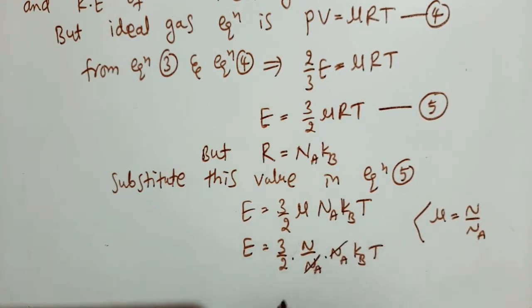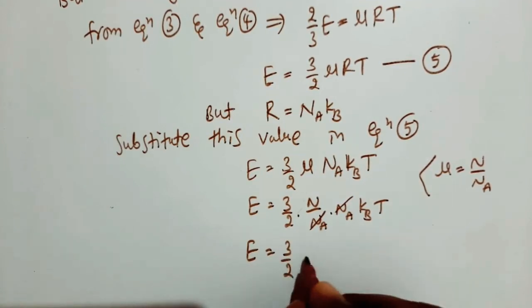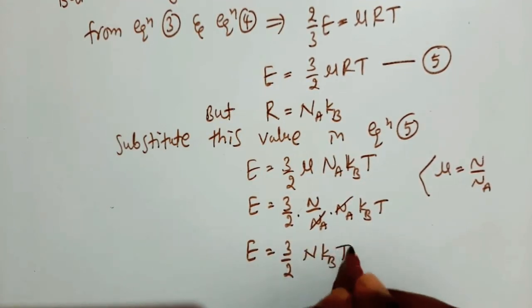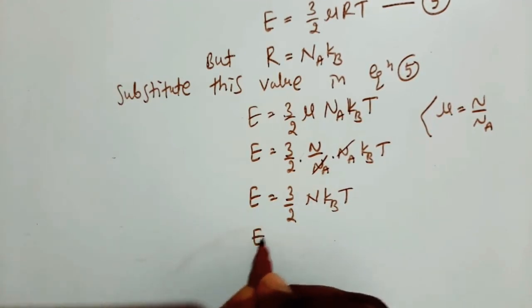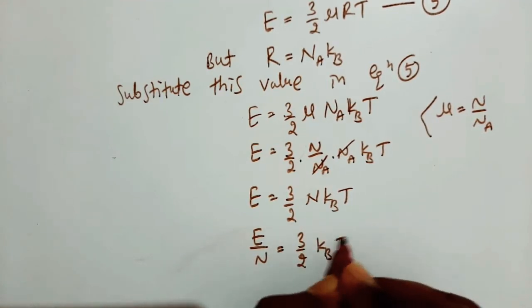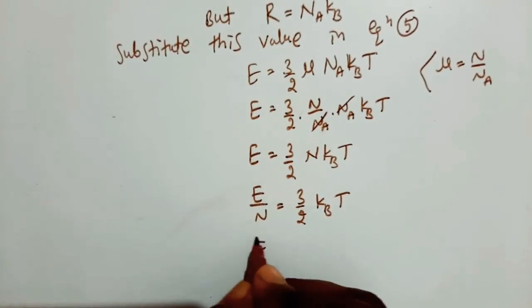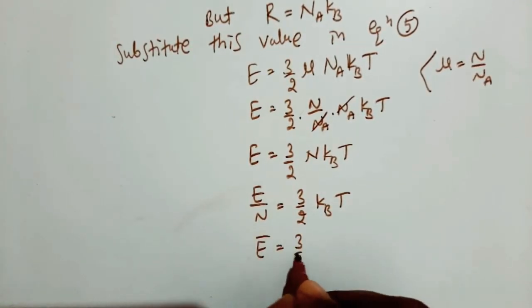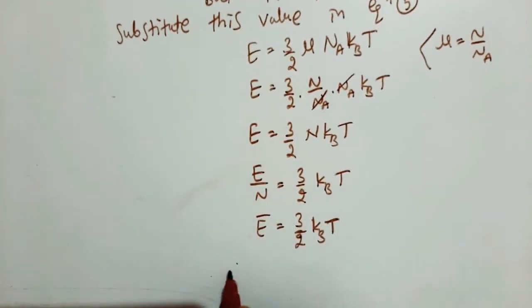Here NA cancels. So E = 3/2 N KBT. Taking N to the left side, E/N = 3/2 KBT. Here E/N is nothing but the average kinetic energy, that is, E bar = 3/2 KBT. So from this we can write that the average kinetic energy E bar is directly proportional to temperature.